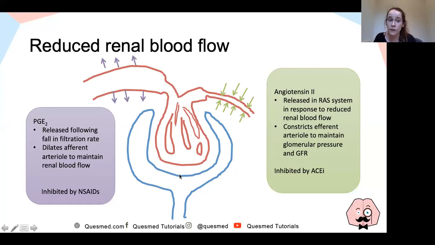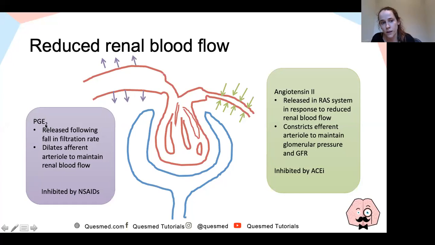What's important about these, and for those of you in higher years who might be starting to think about pharmacology and disease management, so prostaglandin E2 is a prostaglandin, and we know that NSAIDs, so our non-steroidal anti-inflammatory drugs such as ibuprofen, they inhibit the formation of prostaglandins.